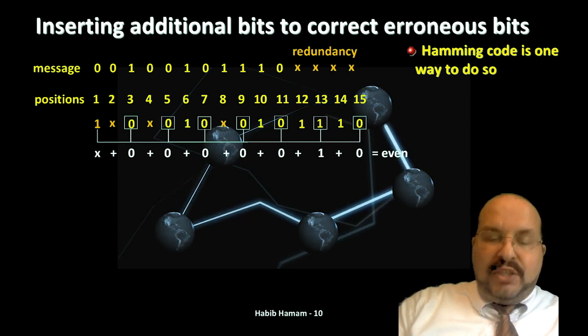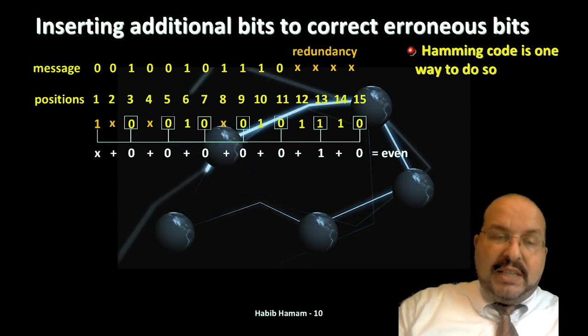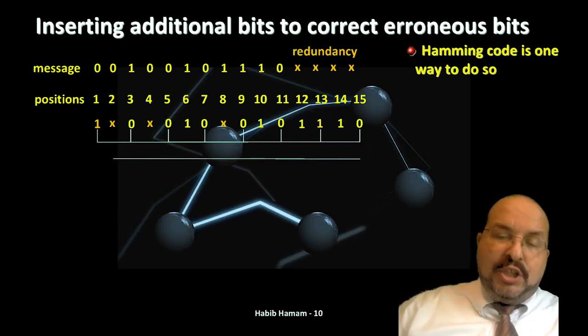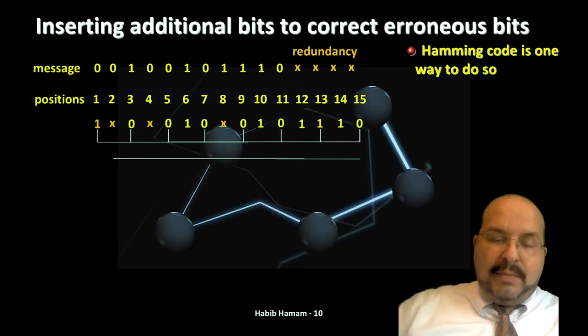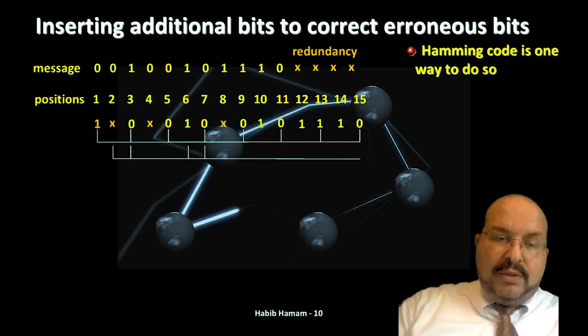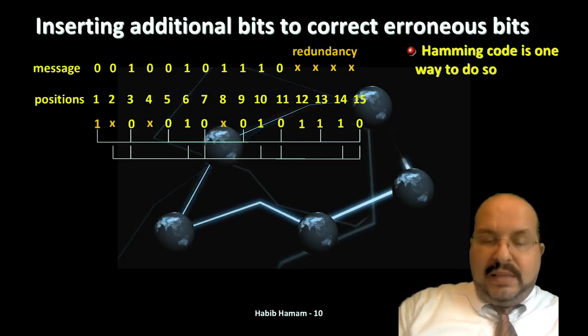And then do the same scheme with the second bit, which is at position 2. The scheme is the following. I start by 2, select 2, and jump over 2. So select 2 bits here, jump over 2 bits, and select 2 others, jump over 2 bits, and select 2 others, and that's it.